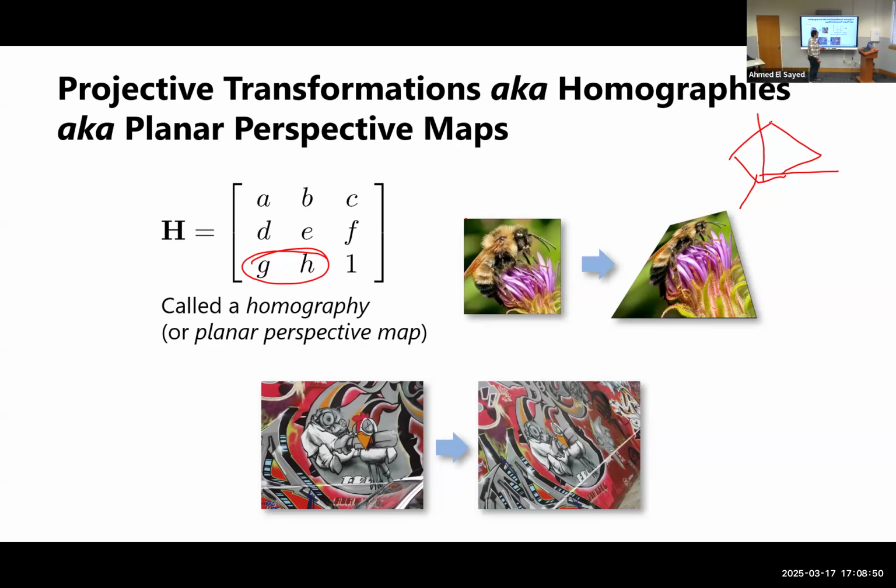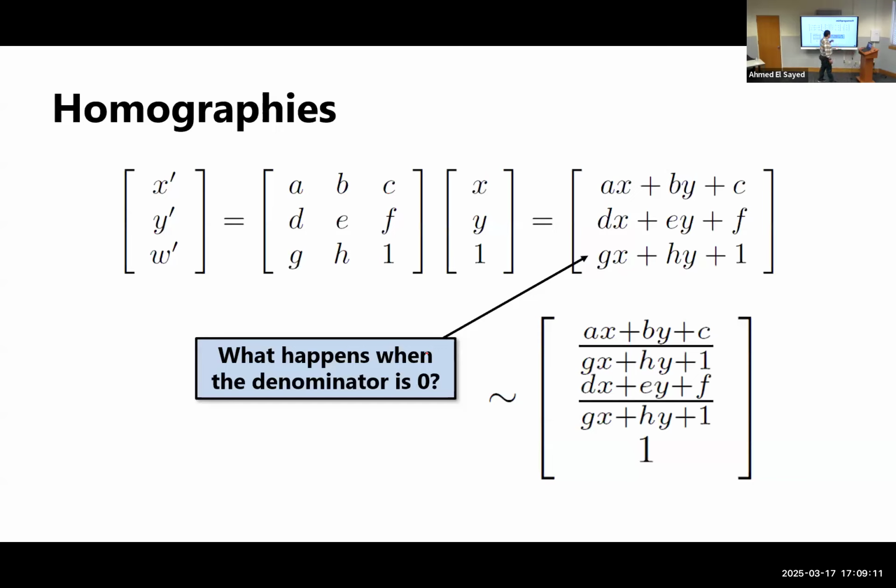They call this one a homography or homographic transformation. In some books, you will call it planar perspective mapping. What are the properties of this transformation? They said it's exactly similar to the affine, but the third row is not 0, 0, and 1.